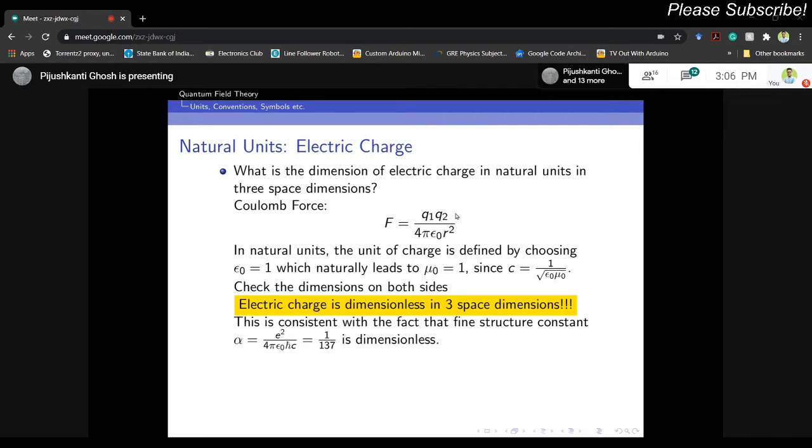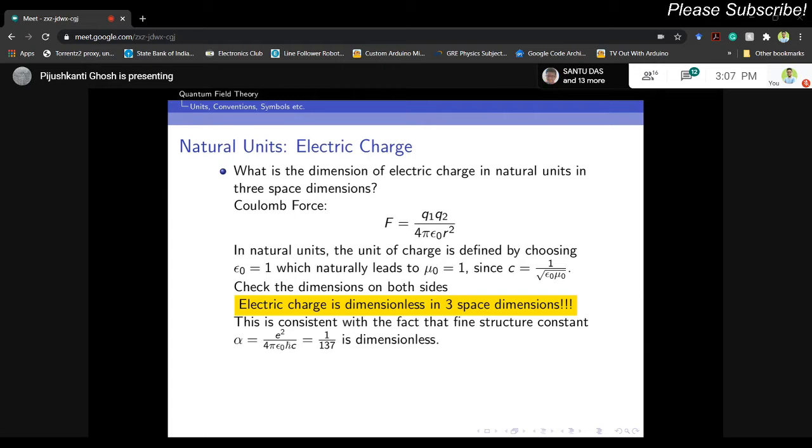That means electric charge is dimensionless in three space dimensions. My question was, why are we emphasizing three space dimensions? Does it mean that in other dimensions the dimension of electric charge will be different?